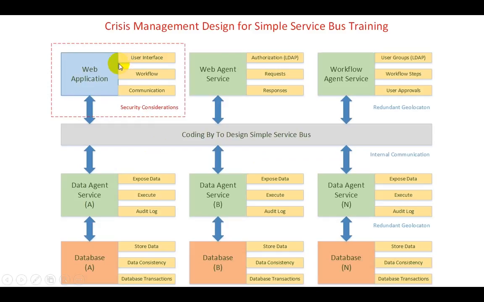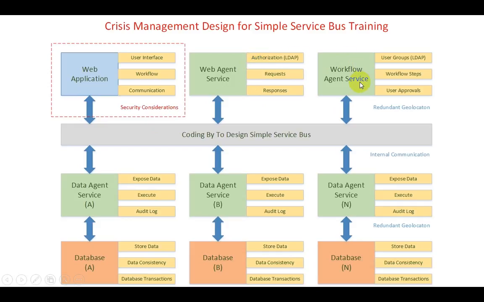The web application is responsible for the user interface, some workflow steps if needed, and of course communication like chat or emails. The web agent is responsible for taking all the web application requests and responses, and also for the authorization in the LDAP directory.